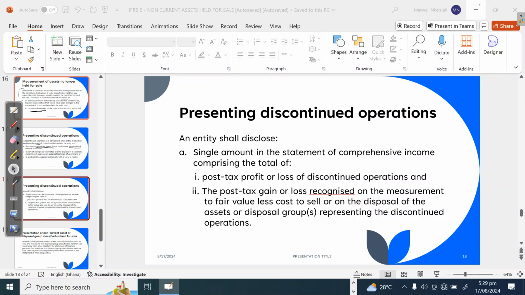So an entity shall disclose a single amount in the statement of comprehensive income comprising the total of post-tax profit or loss of discontinued operation. So you have to determine the profit or loss of the discontinued operation.